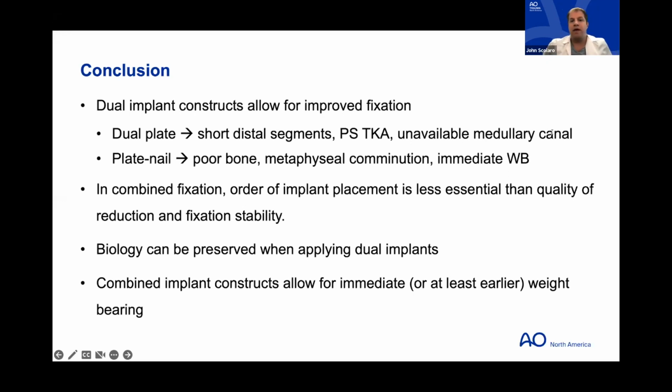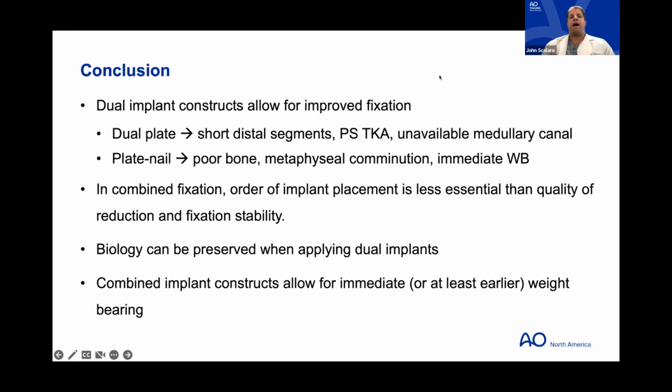There you really want to make sure you bypass that segment with the plate and not worry about having a nail that goes way long into the proximal portion of the shaft of the subtrochanteric region. Again, remember that the nail itself is just a medullary support, essentially an intramedullary strut to prevent varus, which I think is the most important thing.